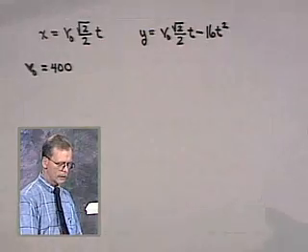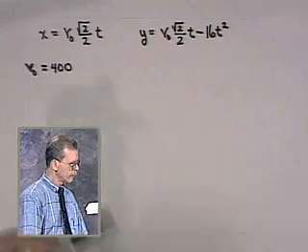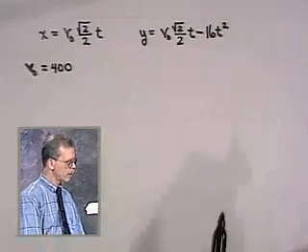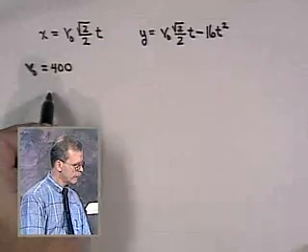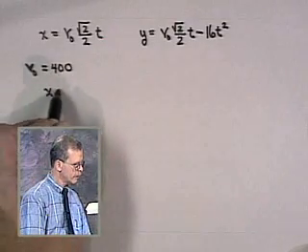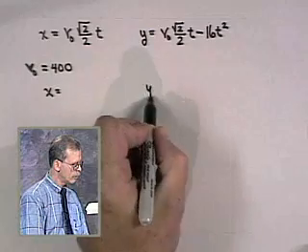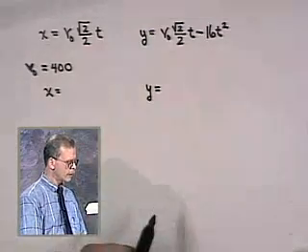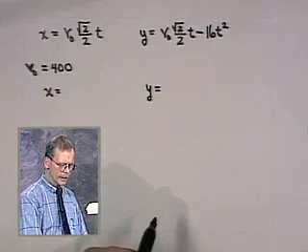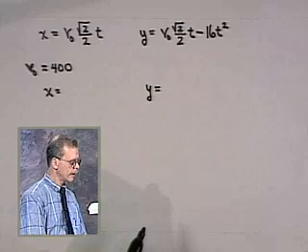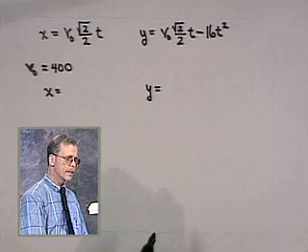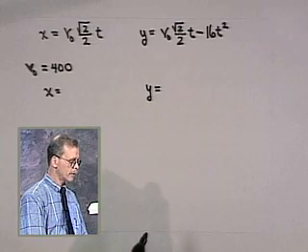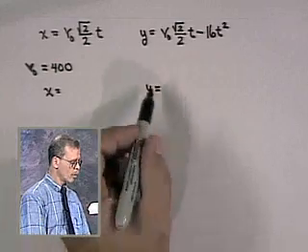Our problem suggests that v sub 0 is equal to 400. Well, then we can find out what x is, or we can find out what y is. Our first part of the problem says, let's find out when y is 0, because that's when the projectile will hit the ground.